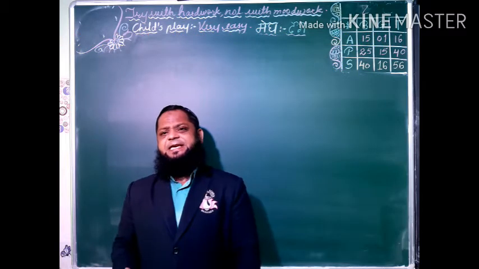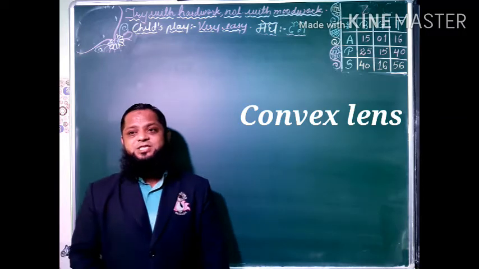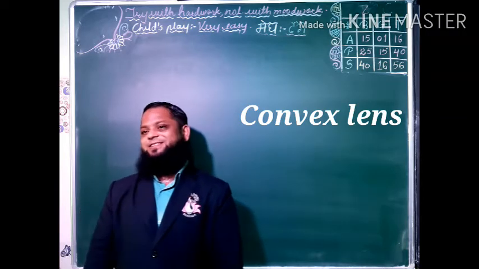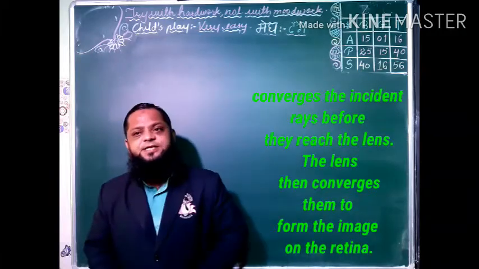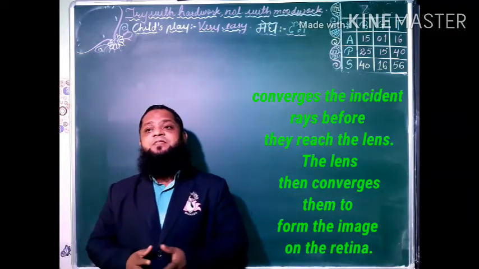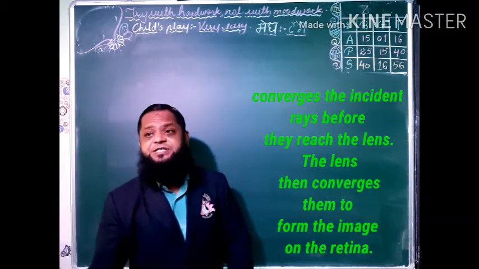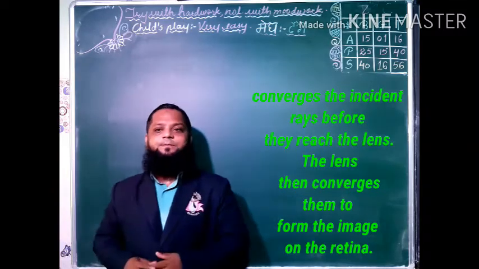This defect can be corrected by using a convex lens with proper focal length. This lens converges the incident rays before they reach the eye lens. The eye lens then converges them to form the image on the retina.